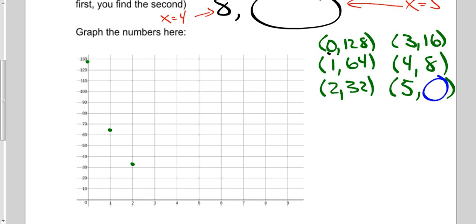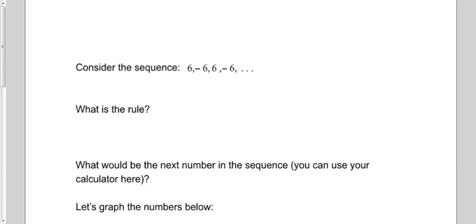And then I go to 3, 16, right about there. 4 comma 8. And then you find the last one. I will connect these dots all the way through 4, and then you connect it the rest of the way. Again, if this isn't done, you will not get credit.